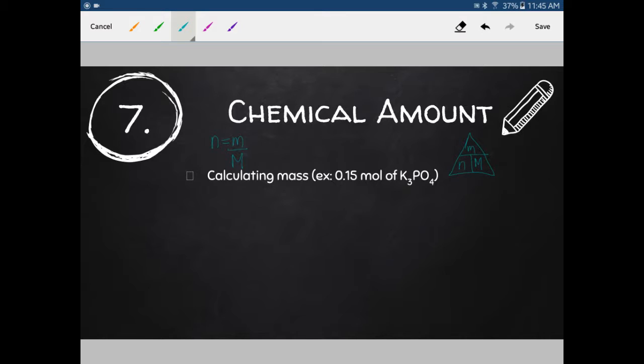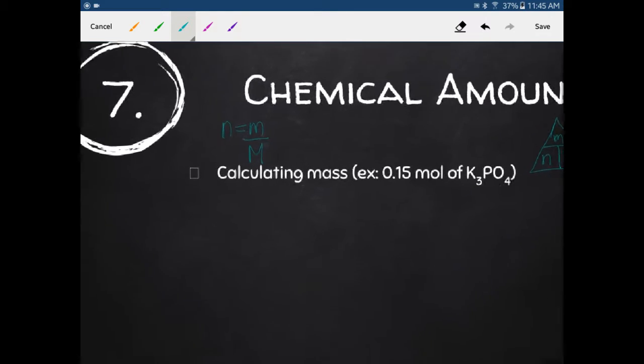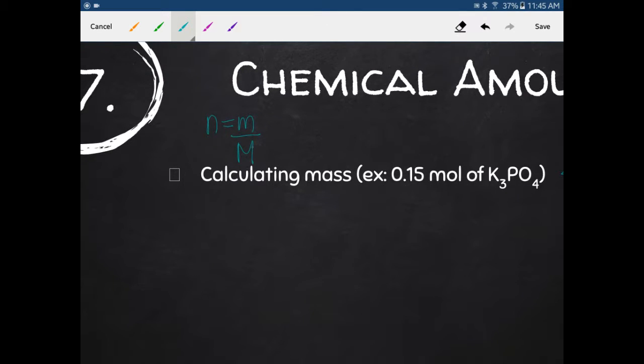However, I don't like the triangle 100%. I prefer to do it the mathematical way. Because I'm dividing by my molar mass here, I need to multiply it to cancel that out. So in order to get my mass alone, if I multiply my molar mass on the bottom here, I need to multiply my molar mass to the other side, which gives me moles times molar mass.